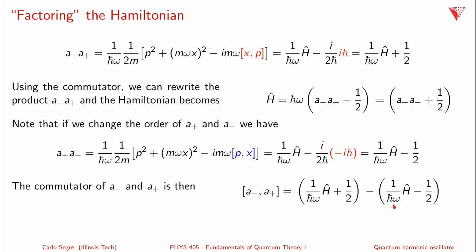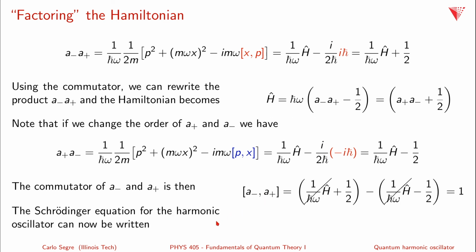Well, clearly these two terms will cancel, and we're left with plus 1/2 minus a minus 1/2, which is 1. So the commutator of a minus and a plus is just 1. The commutator of a plus and a minus is minus 1.